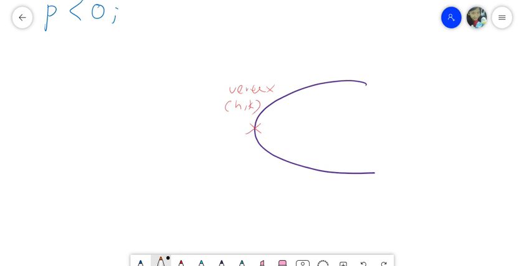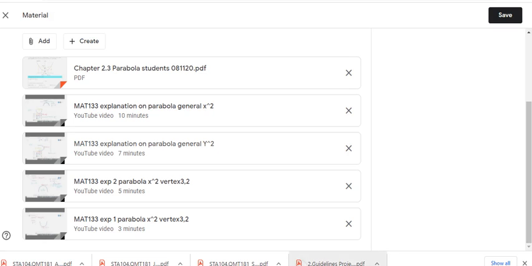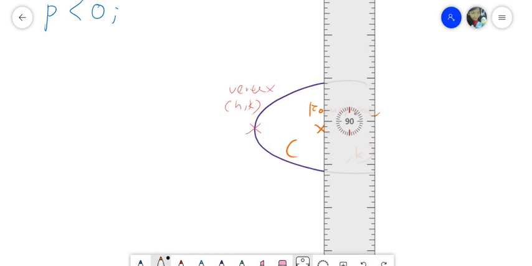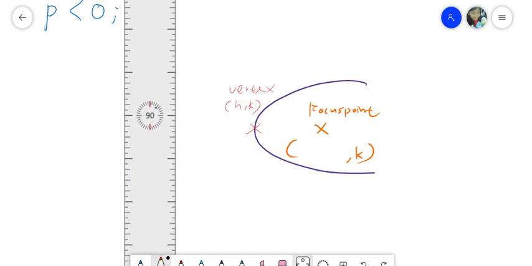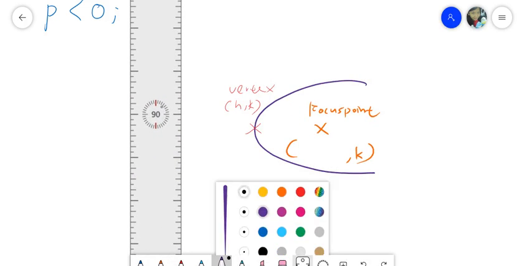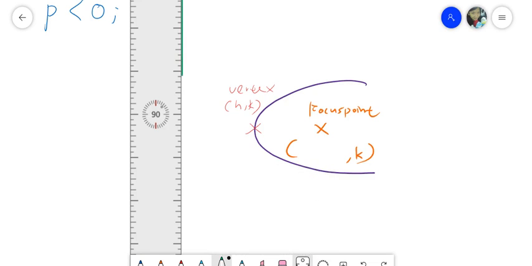Always remember the focus point will always be inside the curve. This one you will not forget. So y will remain. And do remember your directrix line.